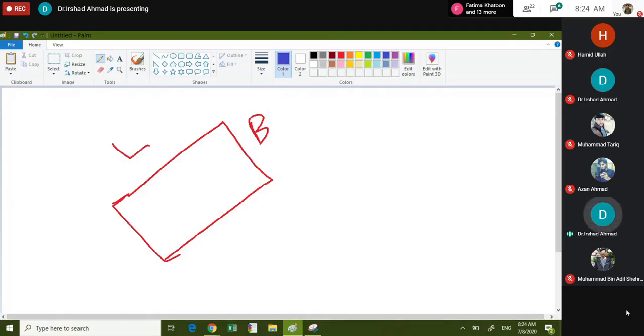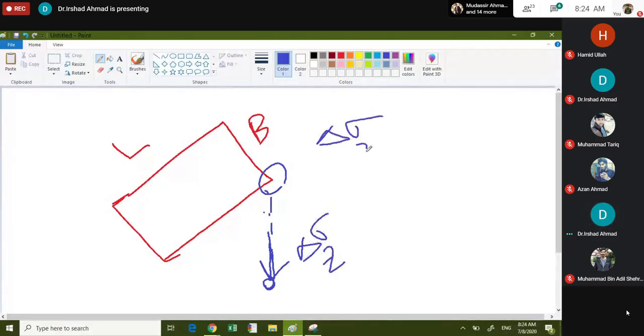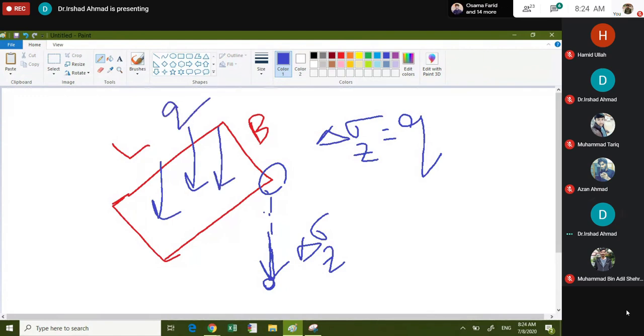The Boussinesq equation again gives you stresses under the corner of footing. If you want to find stress under the corner of footing, you need to use the Boussinesq equation, which is delta sigma z is equal to q, which is the applied pressure, M I sigma. I sigma you can use a graph, or you can use a table.